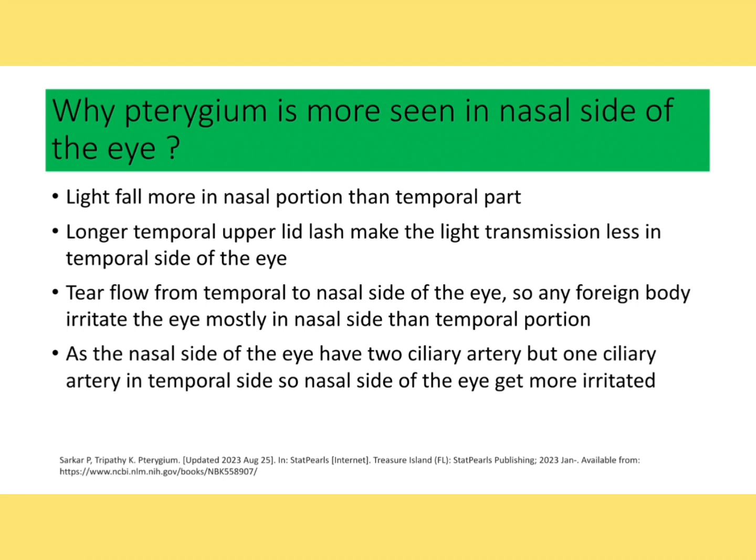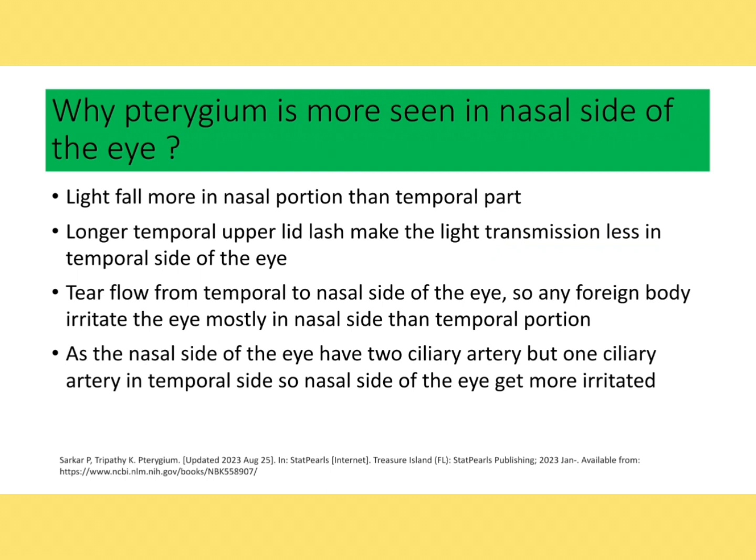The reason is that light falls more on the nasal portion than the temporal part. Because light falls more on the nasal portion than the temporal, there is more exposure to UV rays in the nasal portion of the eye than the temporal one.